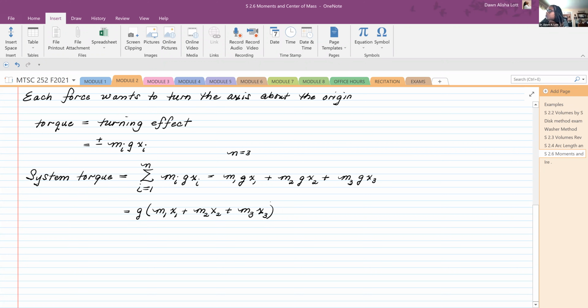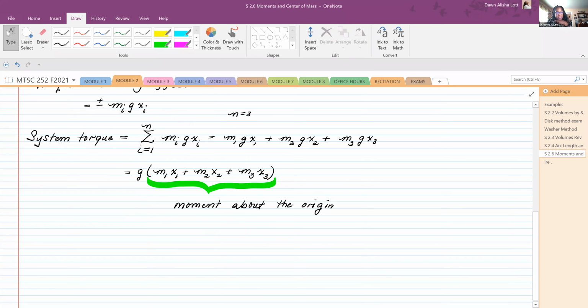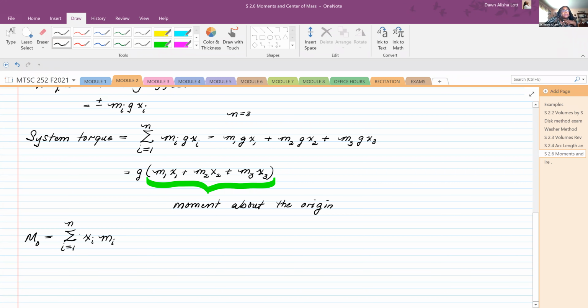Okay, so this piece right here, don't include g, but this piece is the moment about the origin. Okay, so I can now give it a general name. When n is not equal to 3, I'm going to call it M_O. This is the moment about the origin. It just says sum up i equals 1 to however many you have of the xi's times the mi. Okay, so that's the moment about the origin.